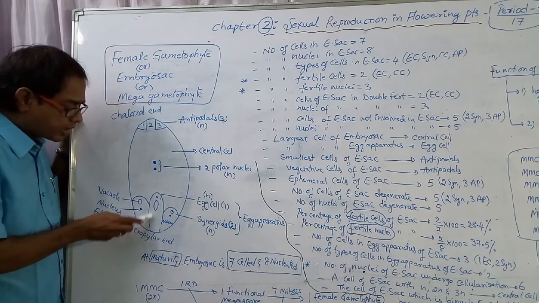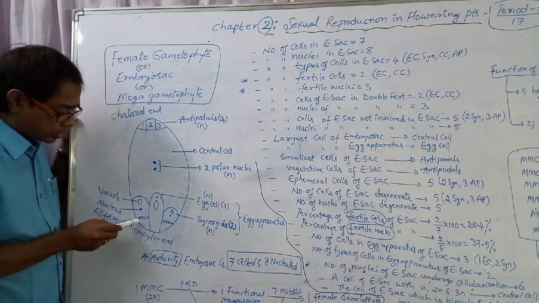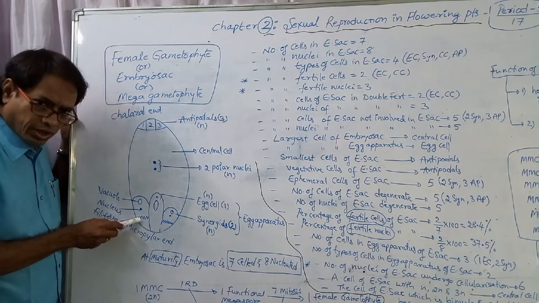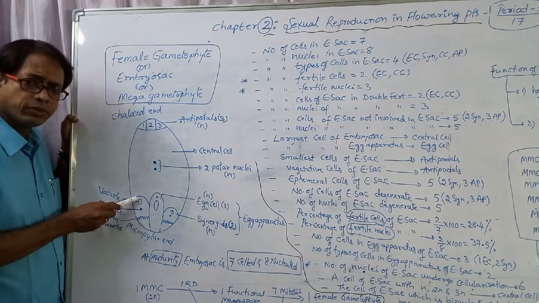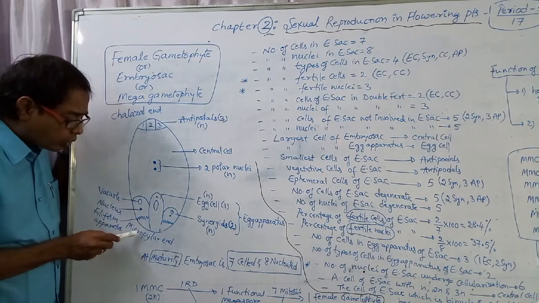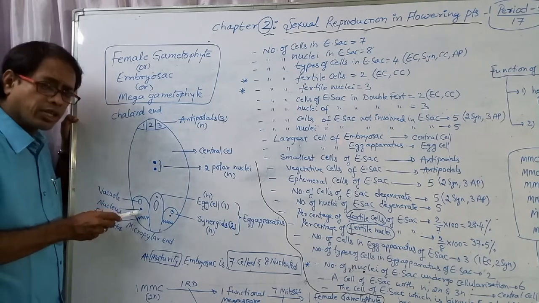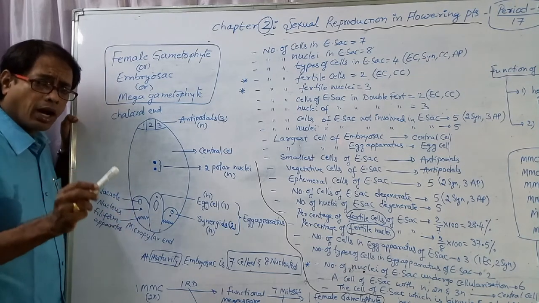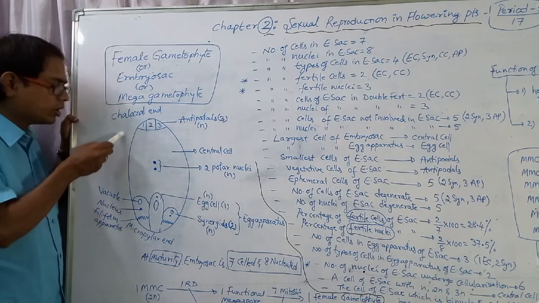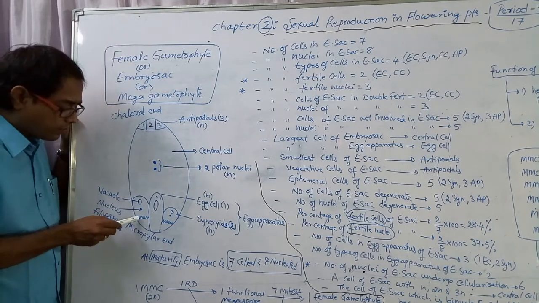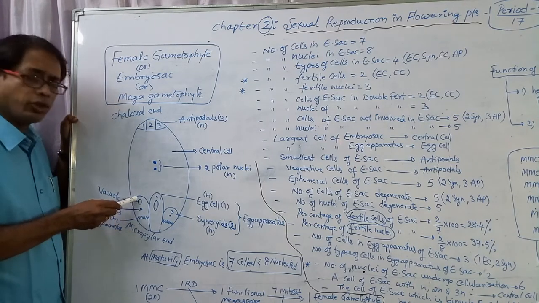In the synergid, what parts does it contain? The filiform apparatus is present. This is the nucleus. This is the vacuole. See, the parts in the synergid from the micropylar end to the chalazal end are: filiform apparatus, nucleus, vacuole.